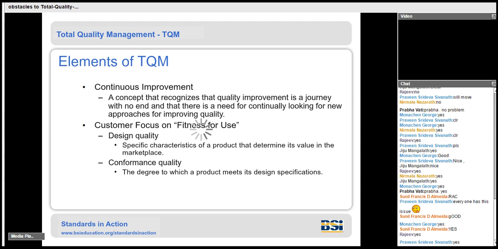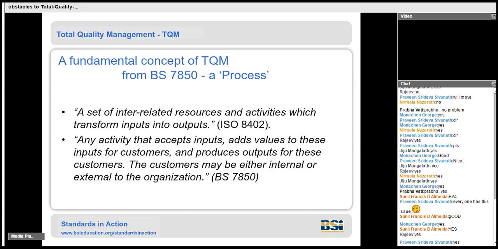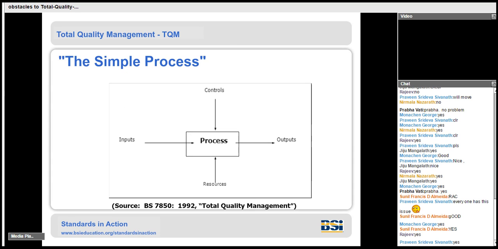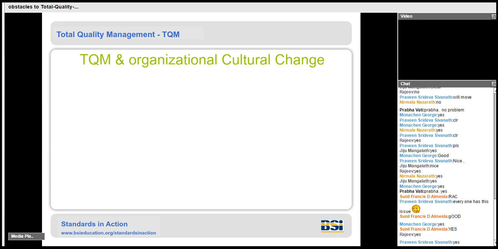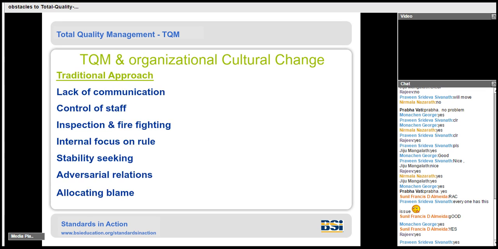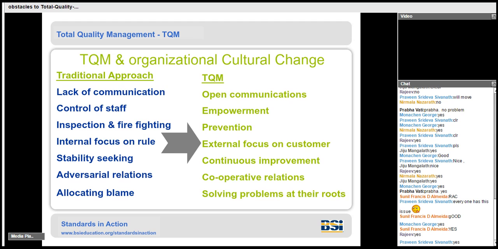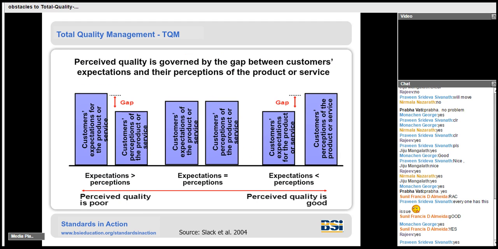This already we have seen. We have already seen this traditional approach and the total quality management approach.